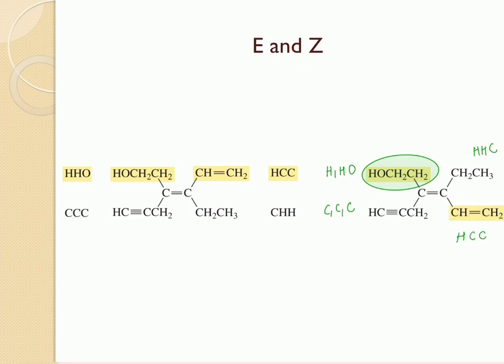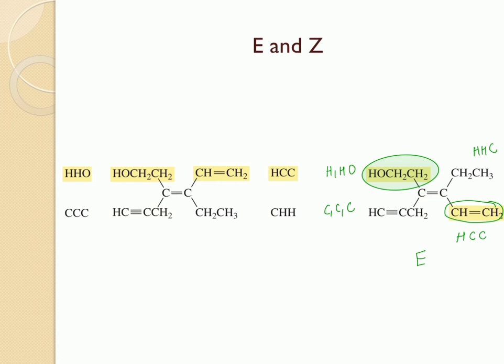Now between these two, which one has higher priority? You have hydrogen, hydrogen, carbon, but here it's hydrogen, carbon, carbon. So obviously it is going to be this one which has higher priority because there are two carbons in here. So on the whole, this molecule here is E.